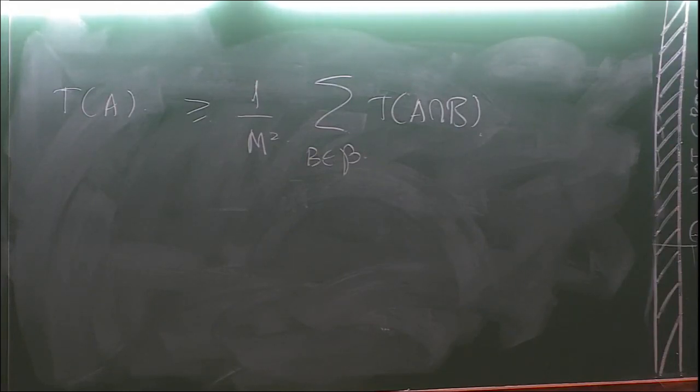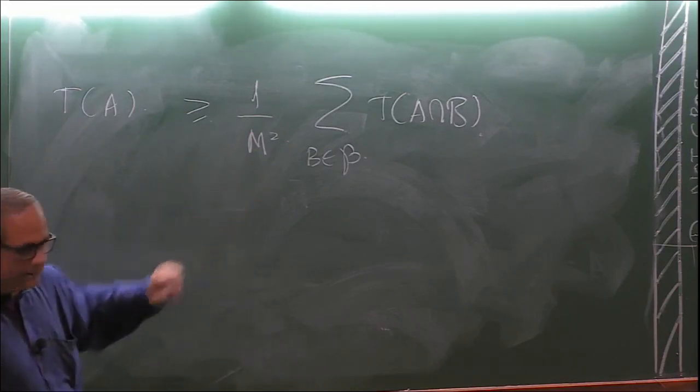So if you can bound the number of B's below, then substituting that in, you will get a lower bound for TA.